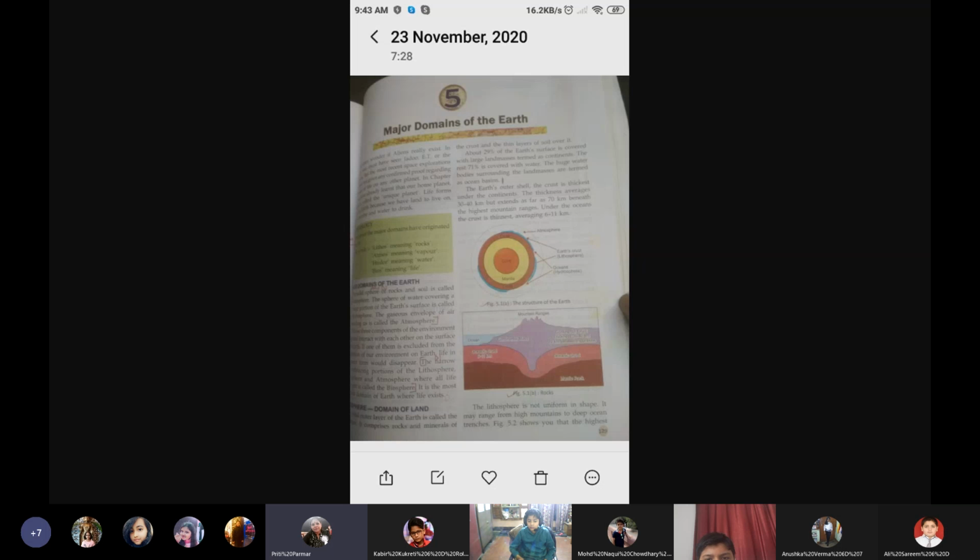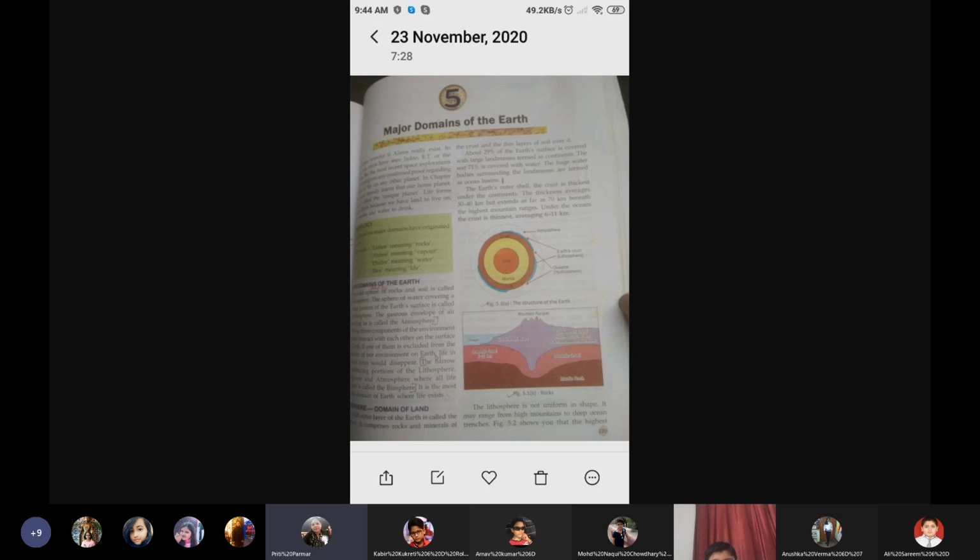About 29% of the Earth's surface is covered with large land masses termed as continents. The rest, 71%, is covered with water. The huge water bodies surrounding the land masses are termed as ocean basins.